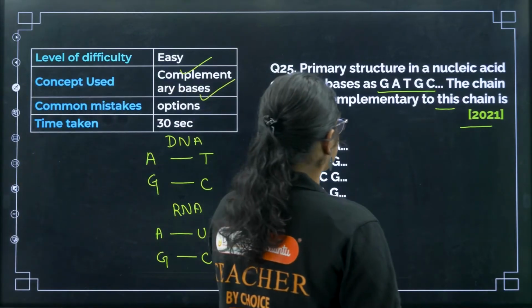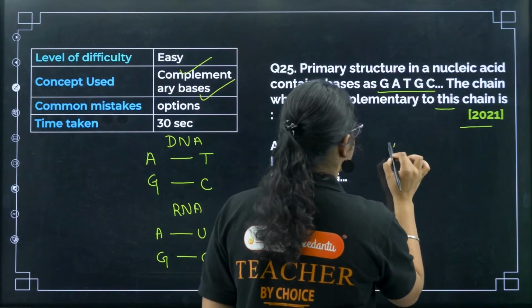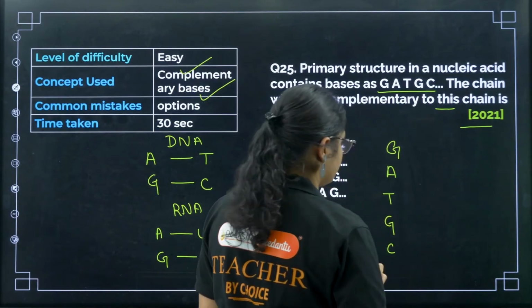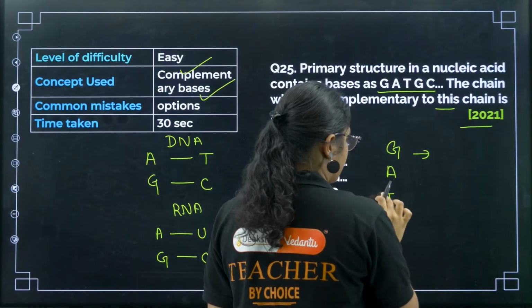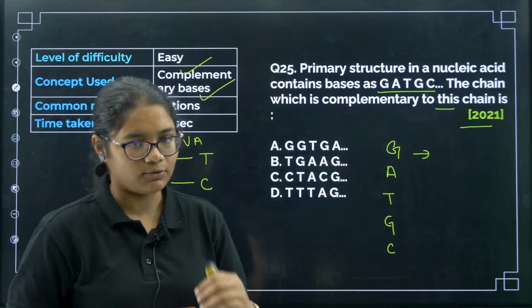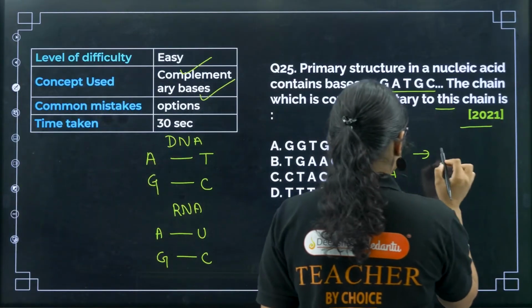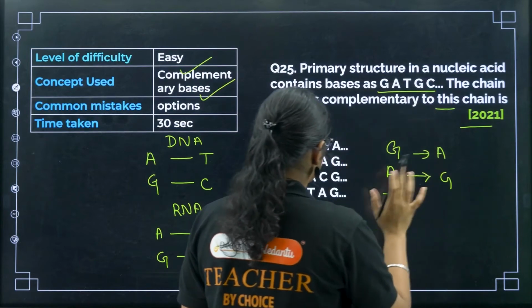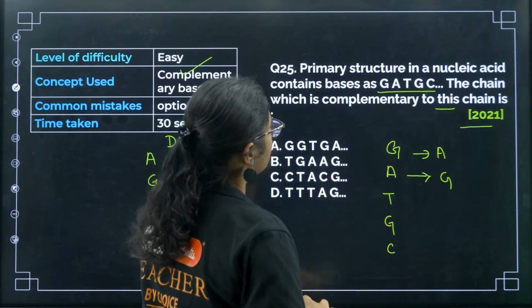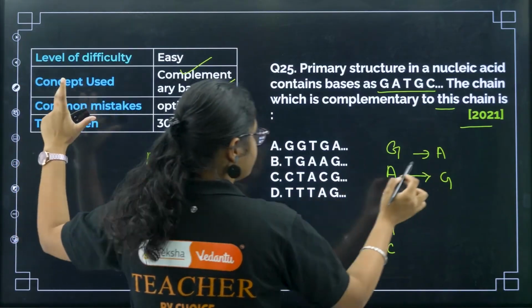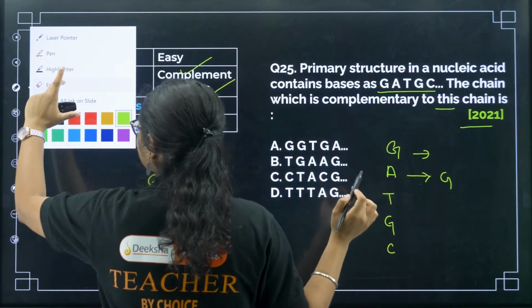So here it is given that we have G, A, T, G and C. Now G is there and you can see T is also there, that means this is talking about DNA molecules, okay. So with G it will be A, with A it will be G. So it should start with A, right? Sorry, G forms bond with C, okay, one second, sorry.